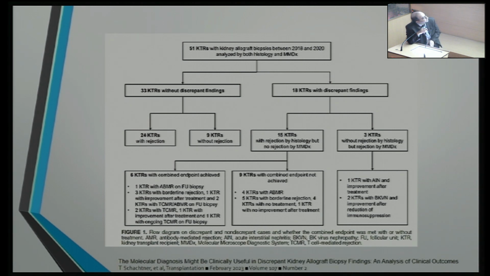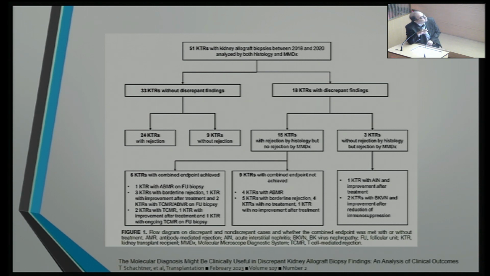In 6 of them, most eventually turned out to be rejection on the follow-up biopsy. One of them, which was ABMR, turned out to be ABMR on follow-up biopsy as well. The borderline rejections also improved after treatment, and 2 cases with PCMR improved after treatment, and 1 showed ongoing PCMR on follow-up biopsy.